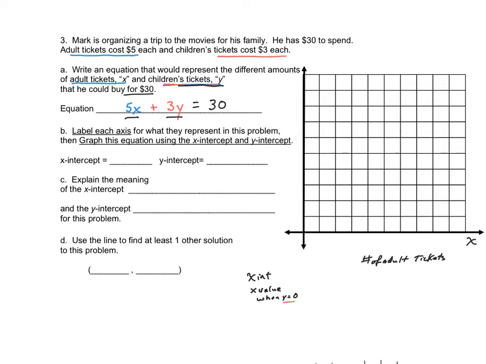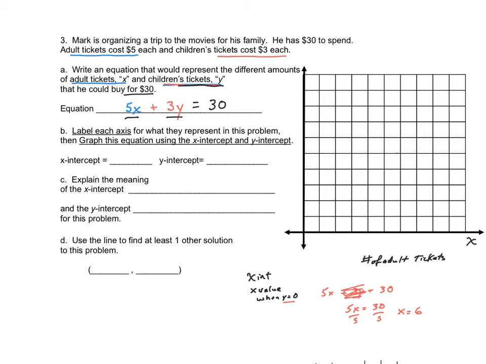If y is equal to 0, then our equation 5x plus 3y equals 30 becomes only 5x equals 30. Think about it. You're only taking adults. They cost $5 each. You only have $30. So divide by 5 to get x equals 6. You can take 6 adults to the movies.